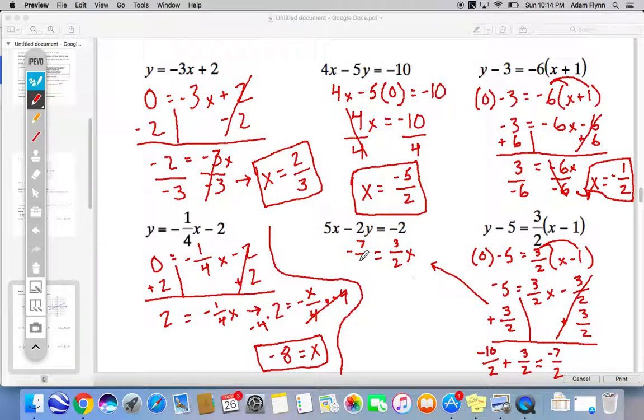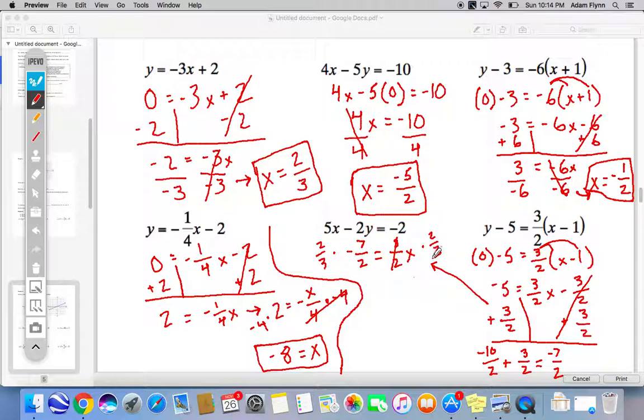And if you are very confused about that, just go through the math showing every step, and if you are still confused, just come grab me for help. Okay, so I have negative 7 over 2 equals 3 over 2 times x. So to get rid of this 3 over 2, I will multiply by 2 over 3, which means I have to multiply this side by 2 over 3.